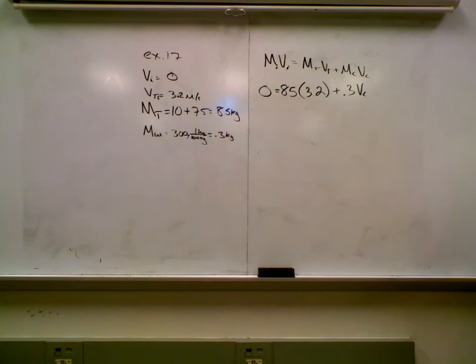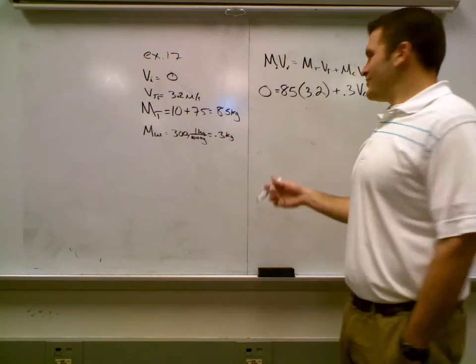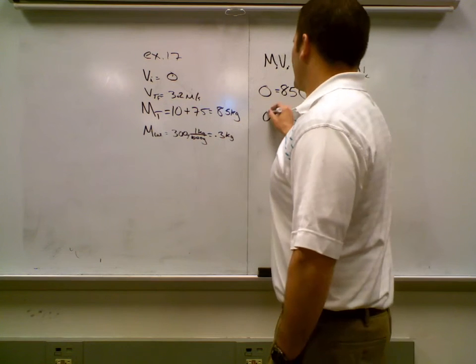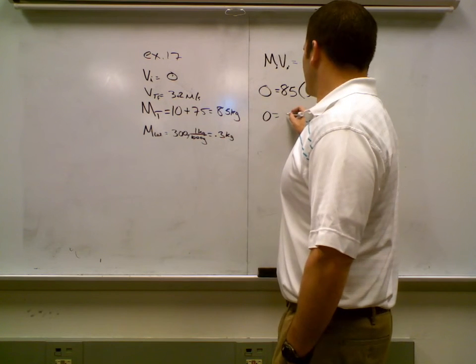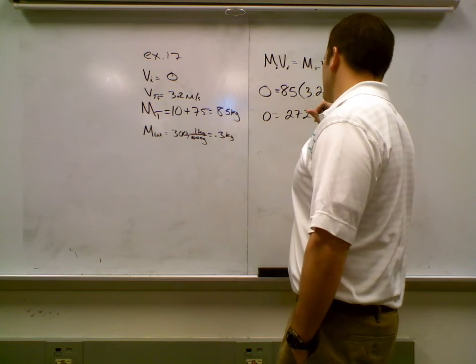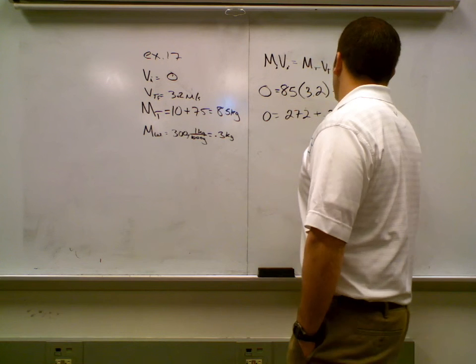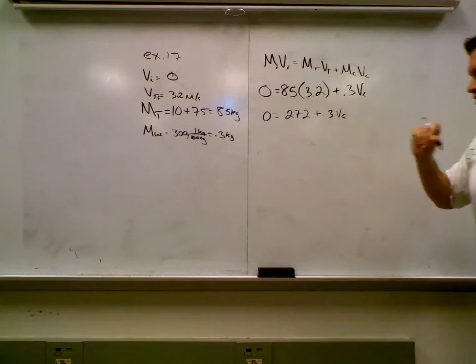And now we can solve, can't we? What's 85 times 3.2? 272. So 0 equals 272 plus 0.3 VC. So now what do I do?